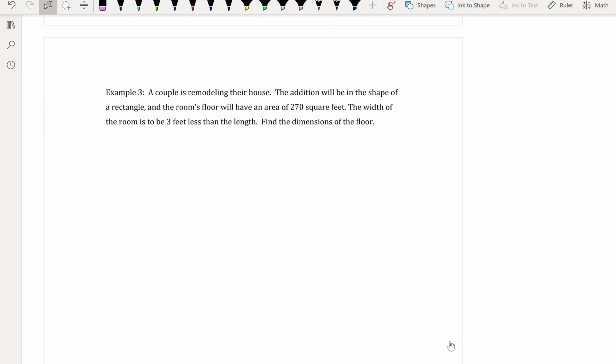So now for example number 3. It says a couple is remodeling their house. The addition will be in the shape of a rectangle. So that's good, a rectangle. So I know that a rectangle more or less looks like that. And the room's floor will have an area of 270 feet. So now I'm talking about area.